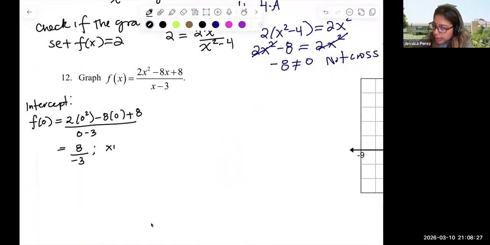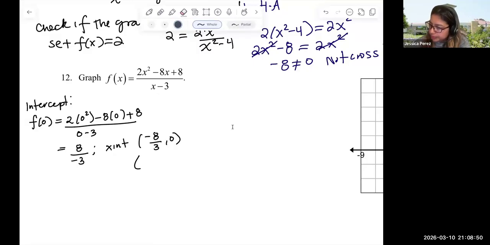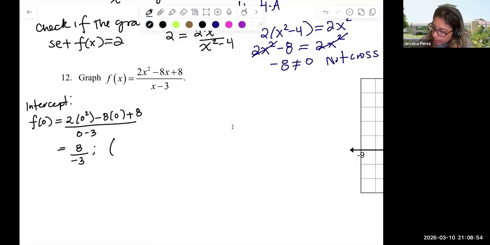That's my y-intercept, 0 comma negative 8 over 3, or if you want to round and use decimals, you may also do that.